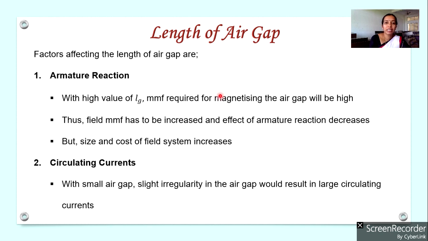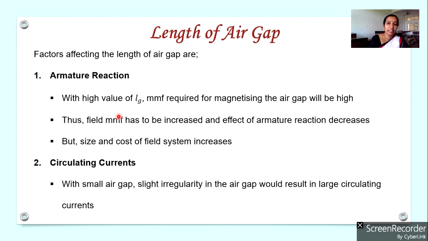In order to provide such a high MMF, we have to increase the field MMF. We know that MMF is equal to N into I, number of turns into current. So if we have to increase the field MMF, the number of turns of field winding has to be increased, which leads to an increase in the cost of the field system. The amount of copper required increases and the cost of the field system also increases.